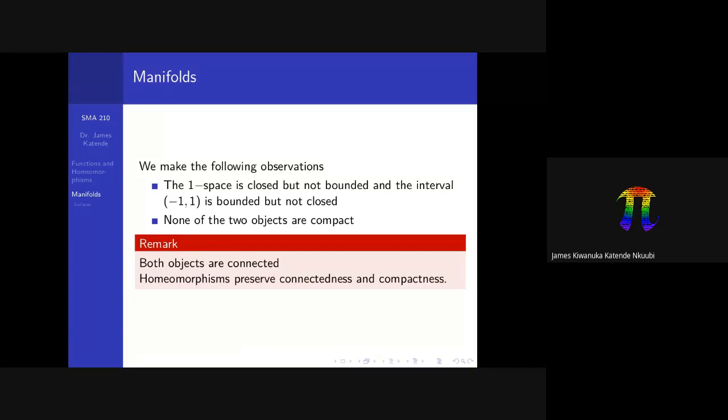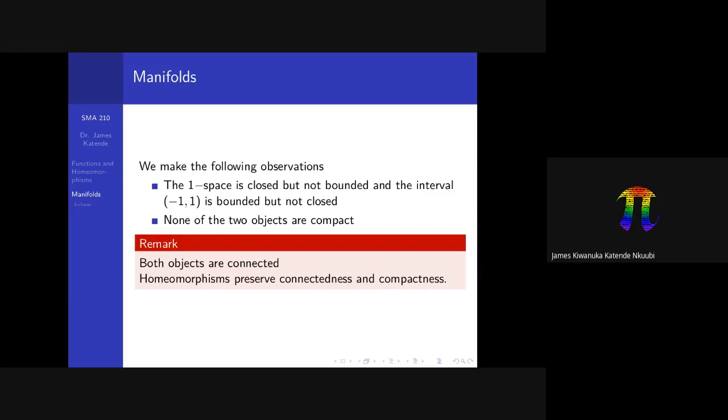The real number line is closed because if you have a sequence of real numbers which converges, it will converge to a real number as well. So any convergent sequence of real numbers will converge to a real number, and that is the definition of being closed.